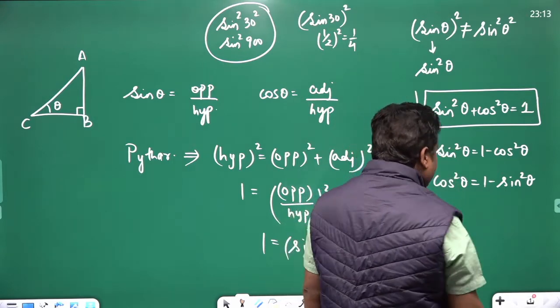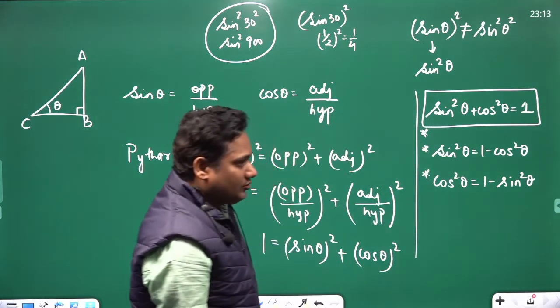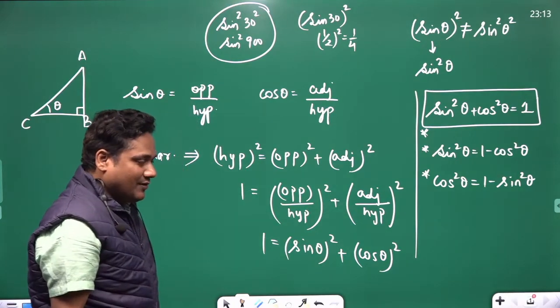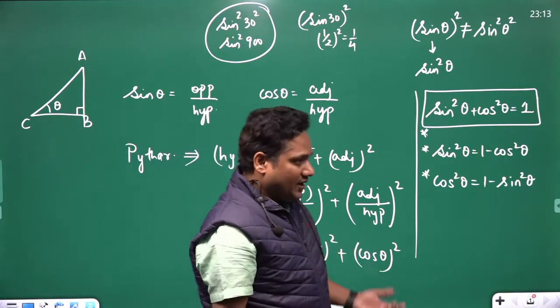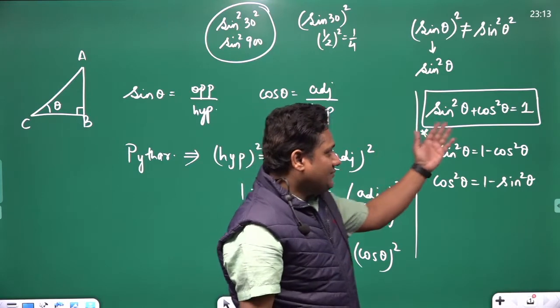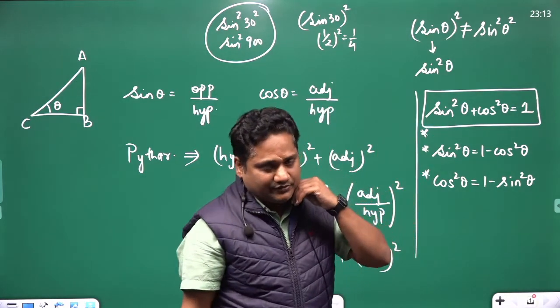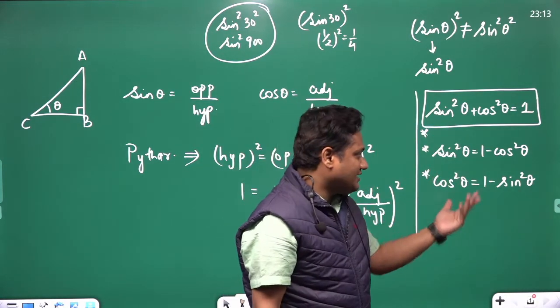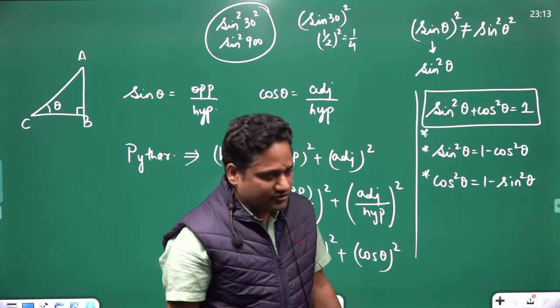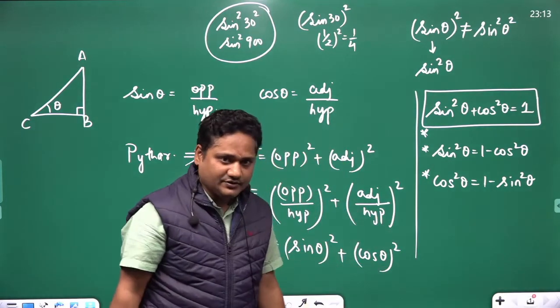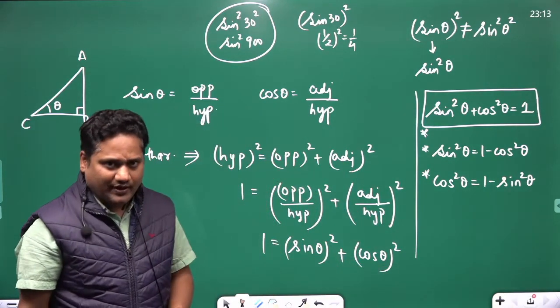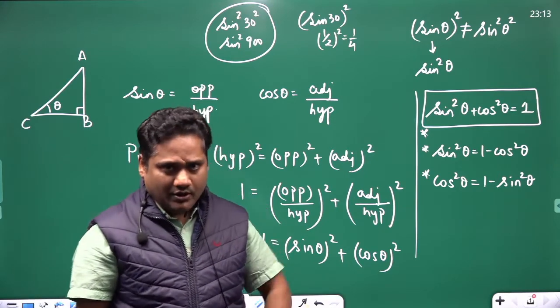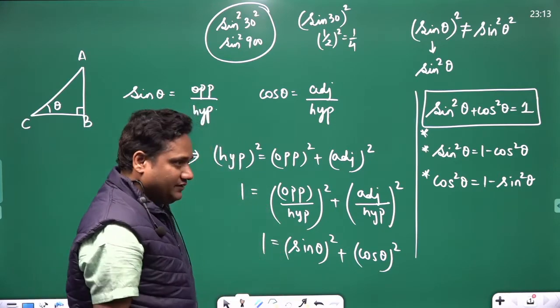Any one of the forms can be applied in a given question. It depends upon the question how we will apply. Sometimes we can directly apply sin square theta plus cos square theta is equal to 1. Sometimes we can apply sin square theta is equal to 1 minus cos square theta, and sometimes cos square theta is equal to 1 minus sin square theta, depending on the particular question that is given to you, right?